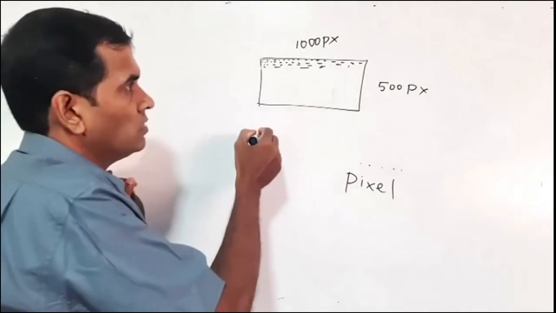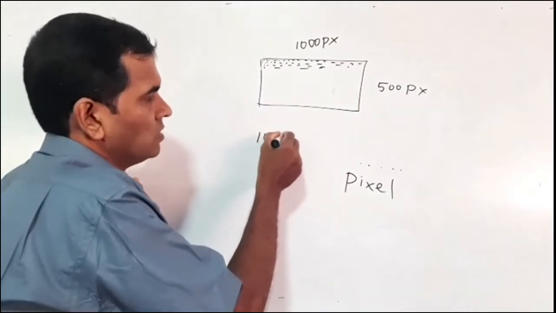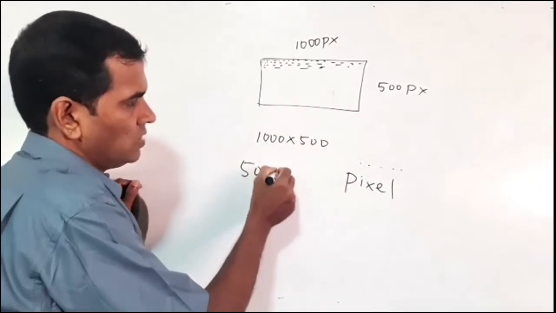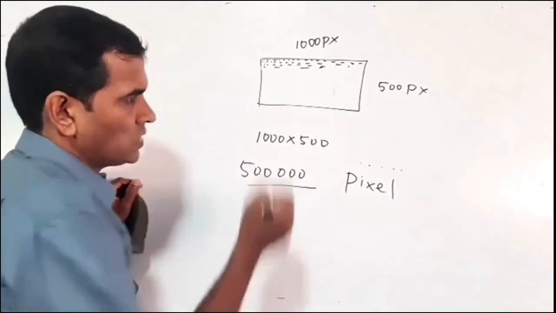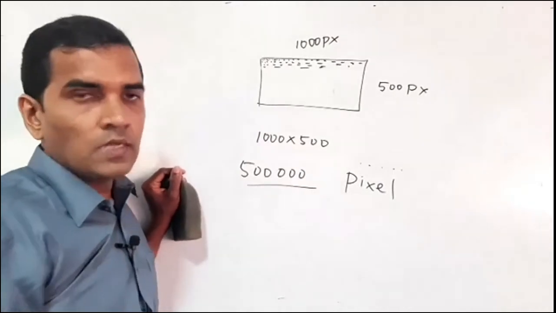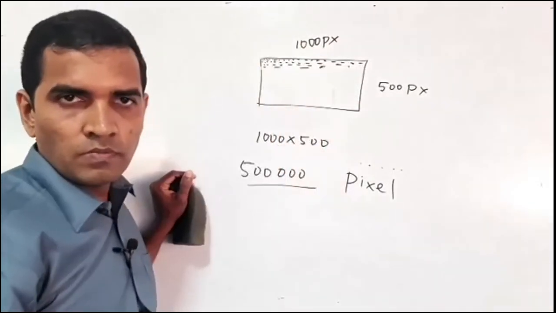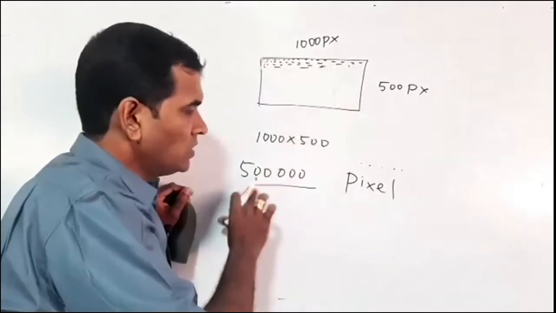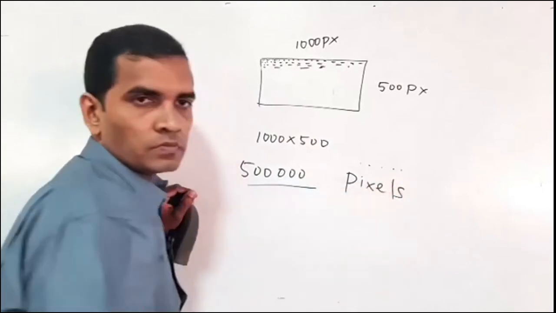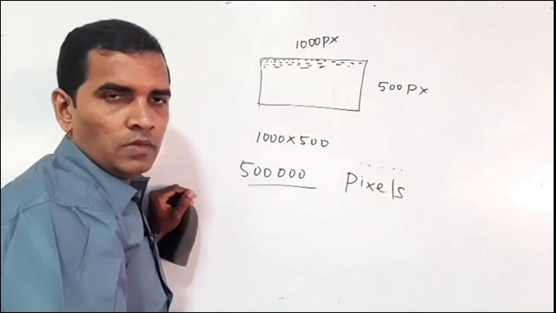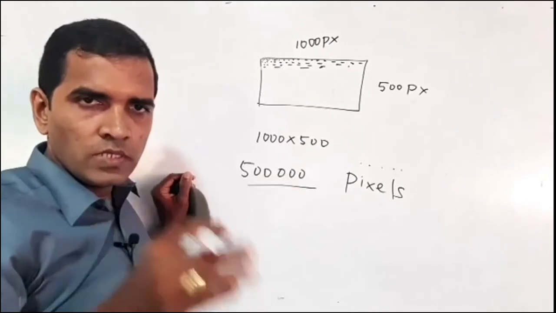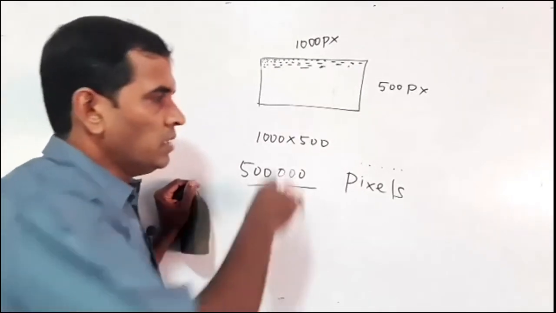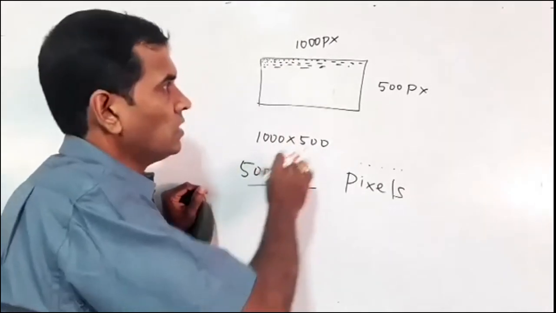Altogether, you can simply say 1,000 times 500, which means 500,000. Such an amount of pixels are in the picture. This picture is made of this amount of pixels. Clear? I will explain more about the image, pixels and other characteristics in unit number 4, but for this unit, this is enough.